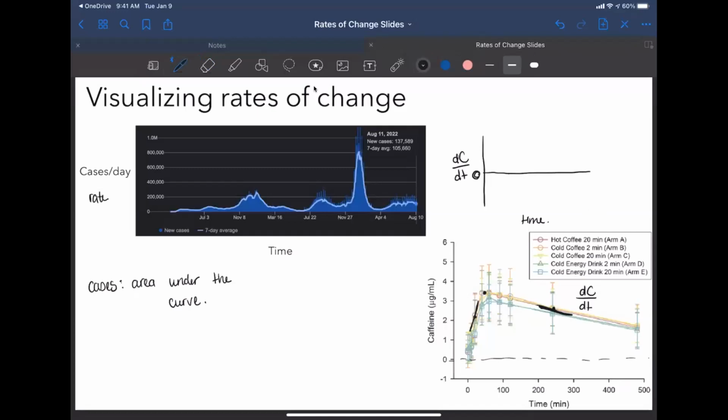It increases really rapidly here, a little slower here, and then much slower here. So the rate might look something like this up until this inflection point, which I will mark with a star. And then the amount of caffeine in the blood is decreasing, and so the rate is negative.